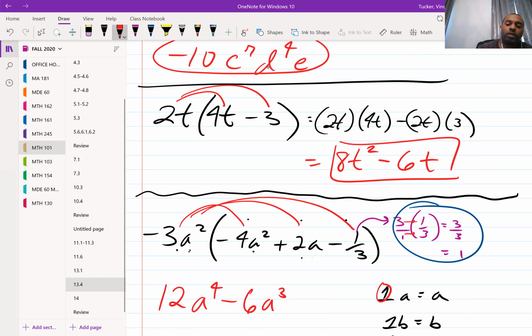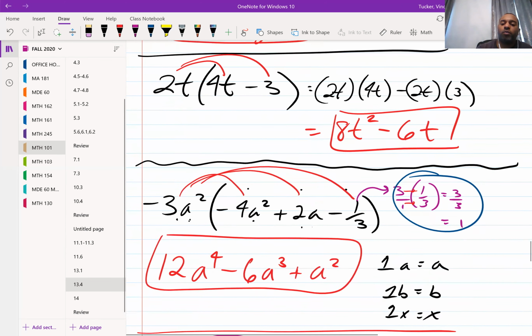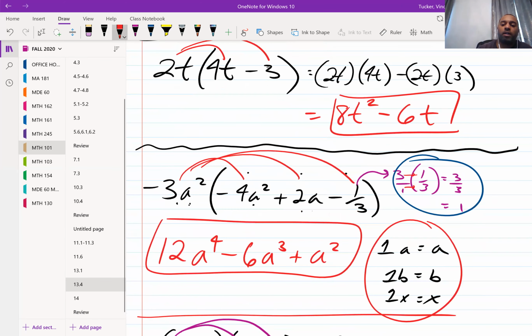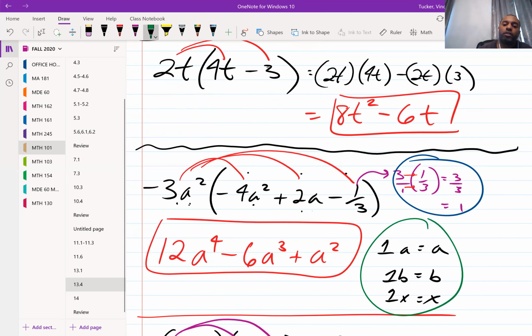So that will be 1a squared. I was emphasizing that 1a and a are the same thing. They're going to assume you know that if you don't see anything in front of a variable, there's a 1 there.